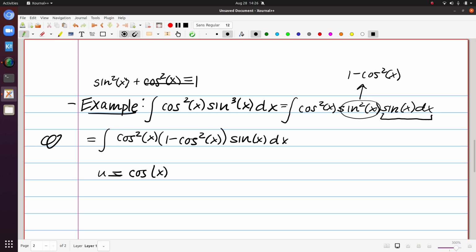If I let u equal cosine of x, du is now going to be minus sine of x. So when I replace my sine x dx, I need to make sure that I put in a minus 1.